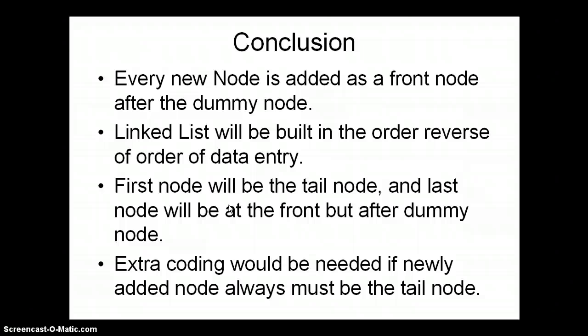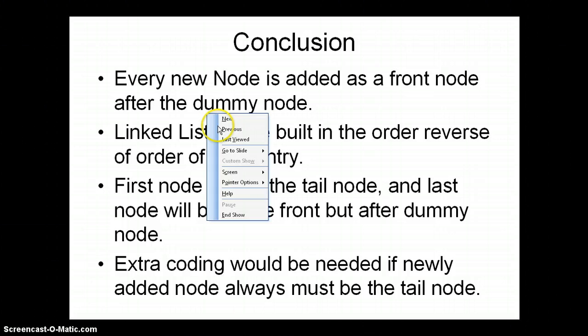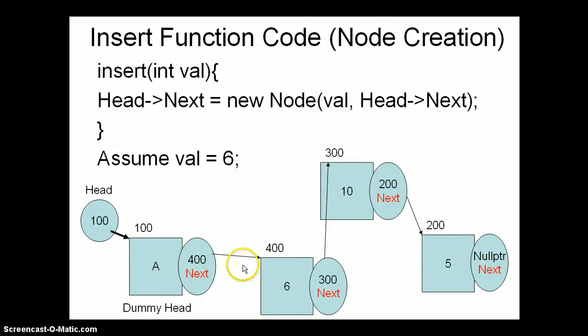Well, you could do that, but extra coding is required, because in that case, let's say this is my already built linked list, and I always want to add at the end. Then you need an extra pointer that will traverse the linked list up to here, and then that pointer arrow next should be creating the new node.